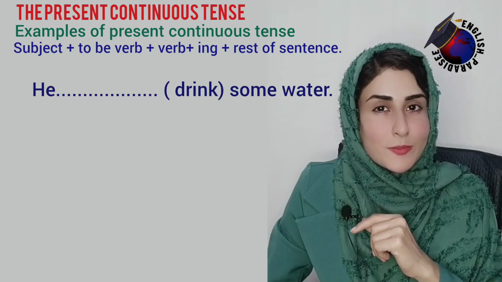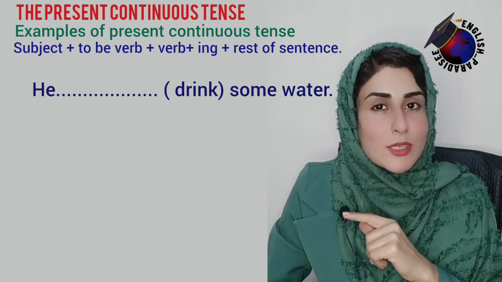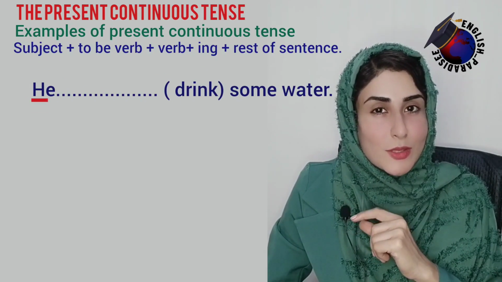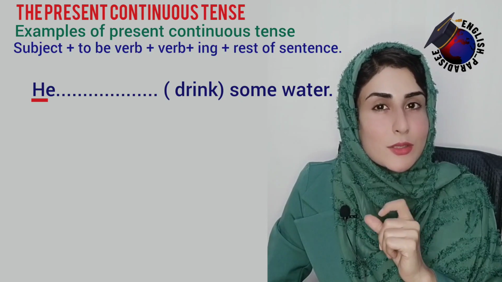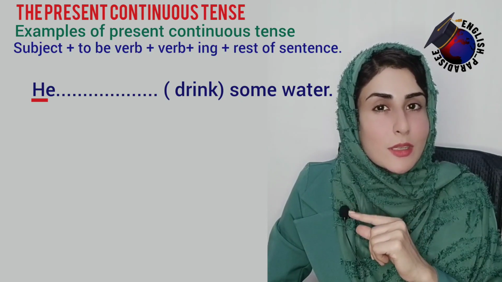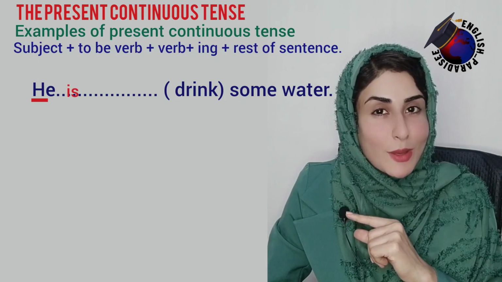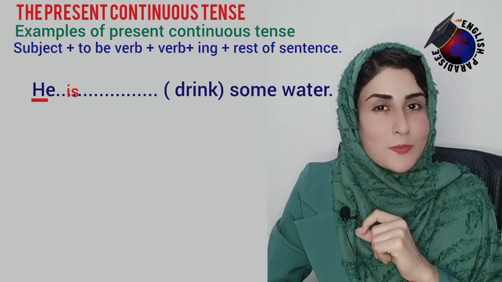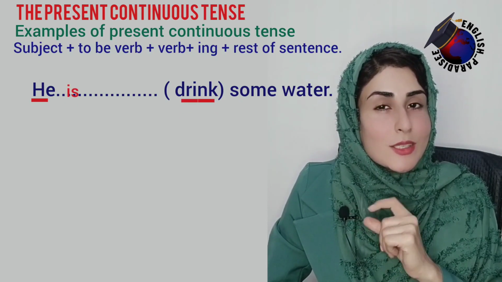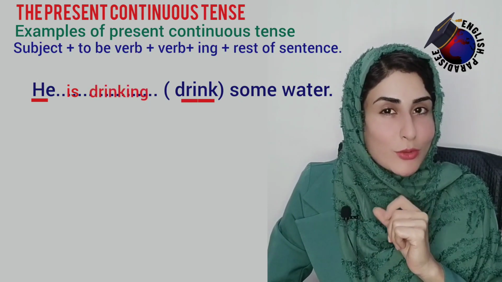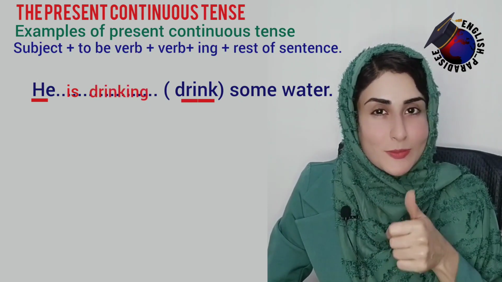Next one. Our subject is he. So we can use the to be verb. It is, okay? He is. He is drinking some water. He's drinking some water. Okay?